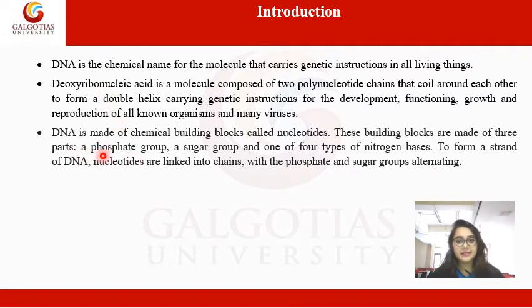So we can see that these building blocks have three groups: a phosphate group, a sugar group, and a nitrogen group, and they form a strand. We'll see this structure of DNA in much more detail via the Watson-Crick model in the subsequent slides.